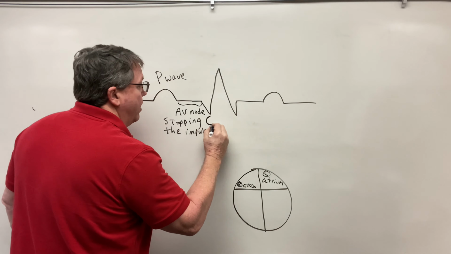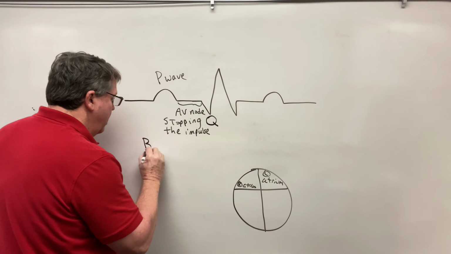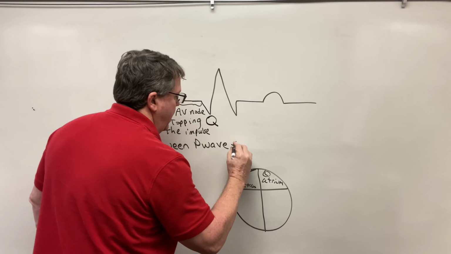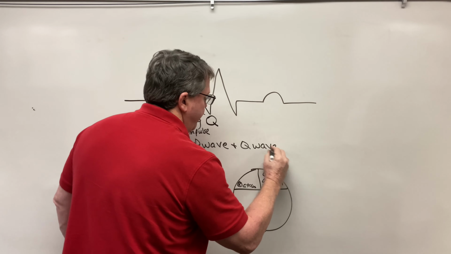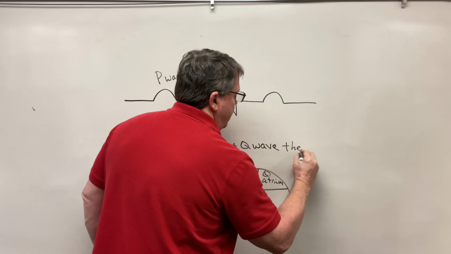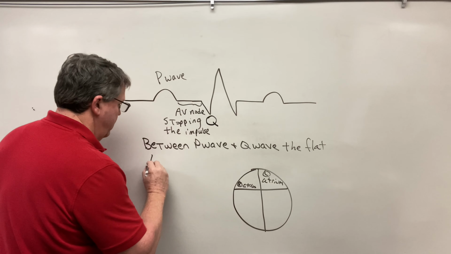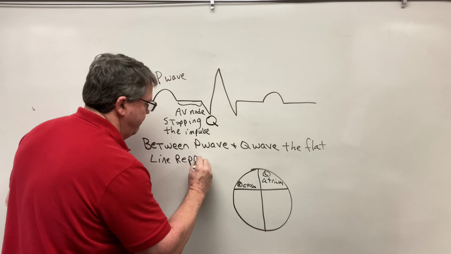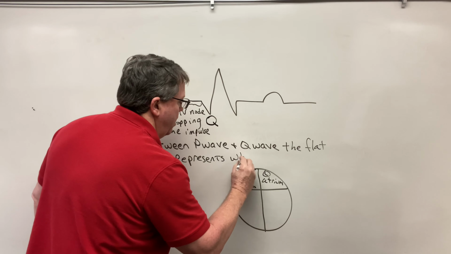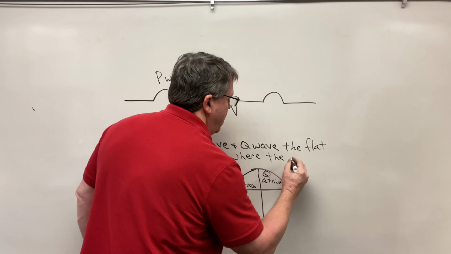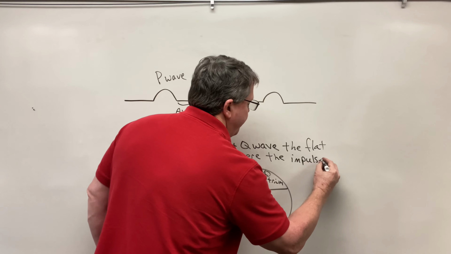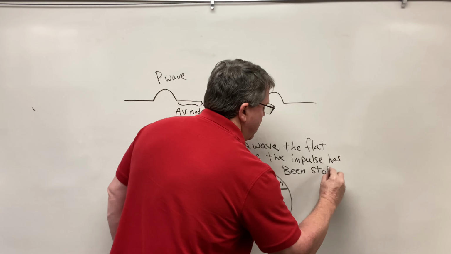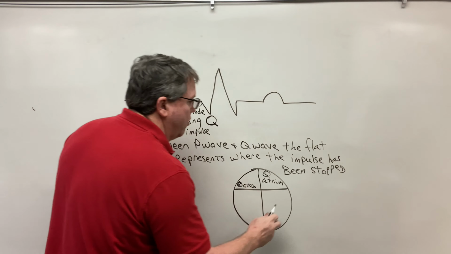Between my P wave and we're going to call this here the Q wave, the flat line represents where the impulse has been stopped, so that the ventricles can fill with blood.